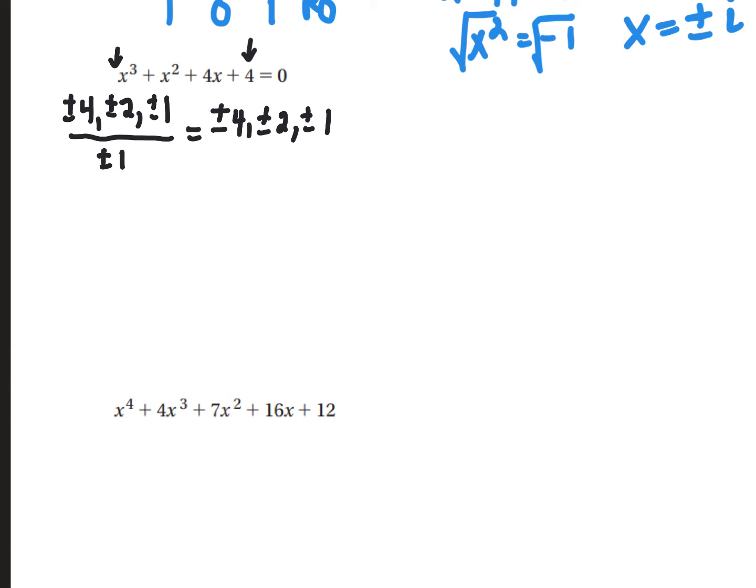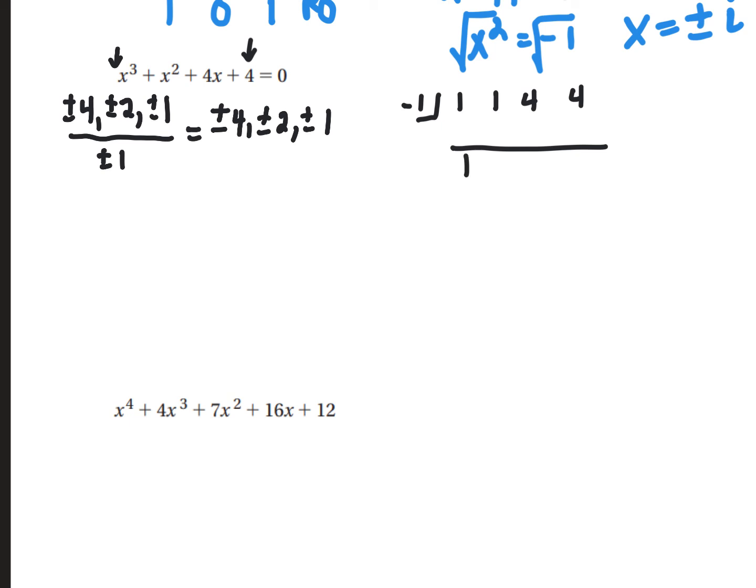So let's go ahead and try -1. And so we have 1, 1, 4, 4, for x cubed, x squared, x, and a constant. And if our remainder is 0, then we know that x plus 1 is a factor.